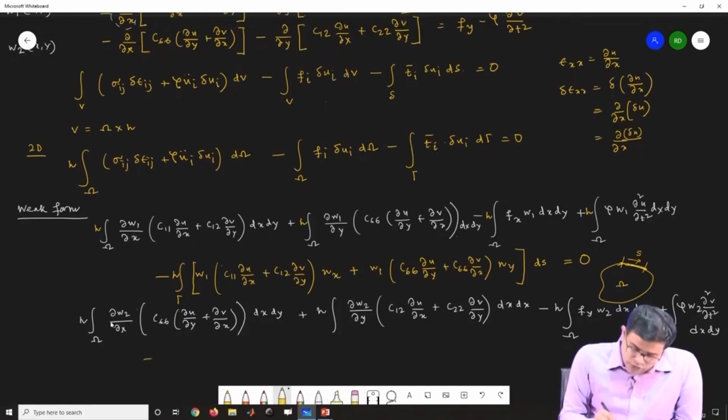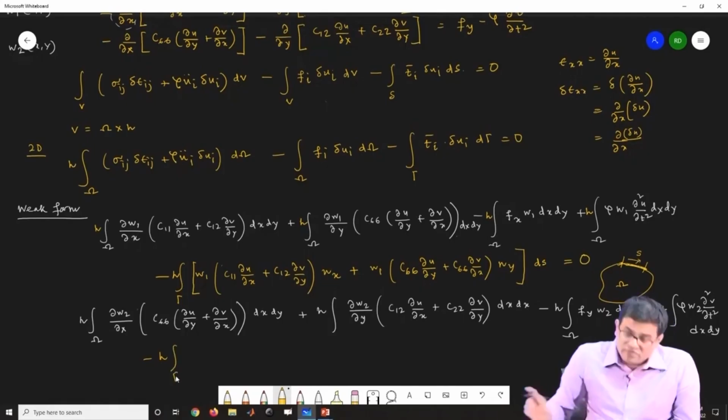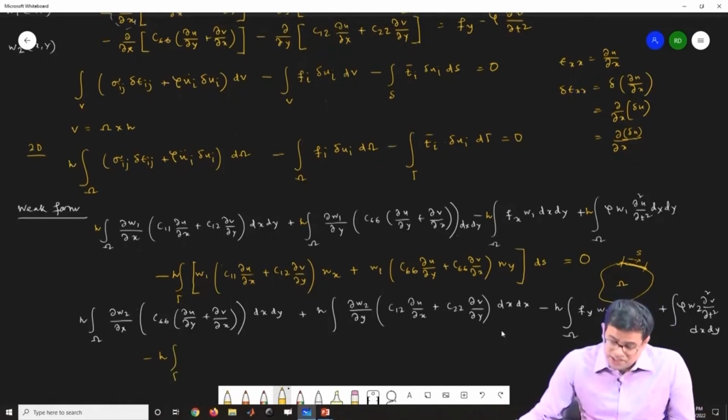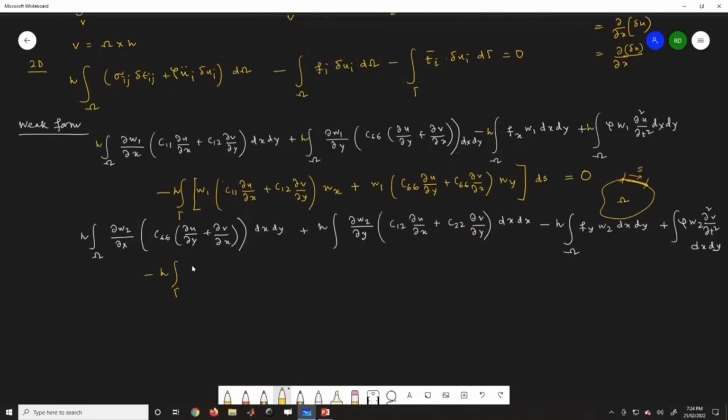The boundary term will pop up because of the integration by parts that we have seen earlier.